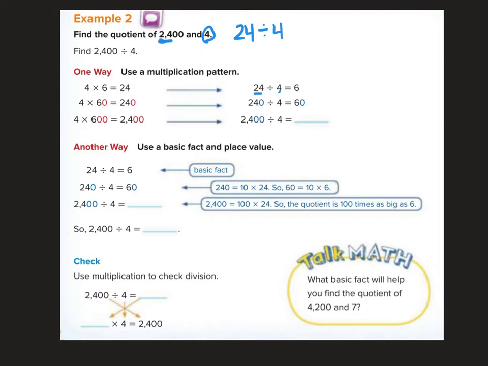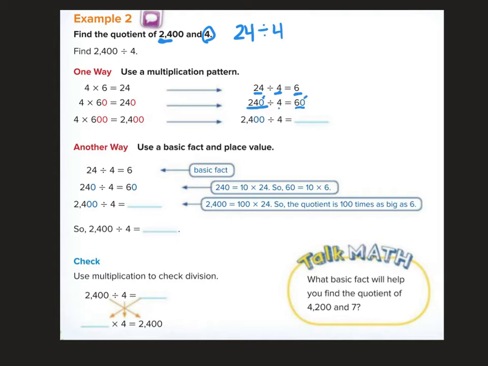So 24 divided by 4 is 6, right? If I take 24 divided into 4 equal groups, there'd be 6 in each group. And I really like using the multiplication fact to help me out. 4 times 6 is 24. But anyways, okay, so if I do 240 divided by 4, I'd get 60, right?